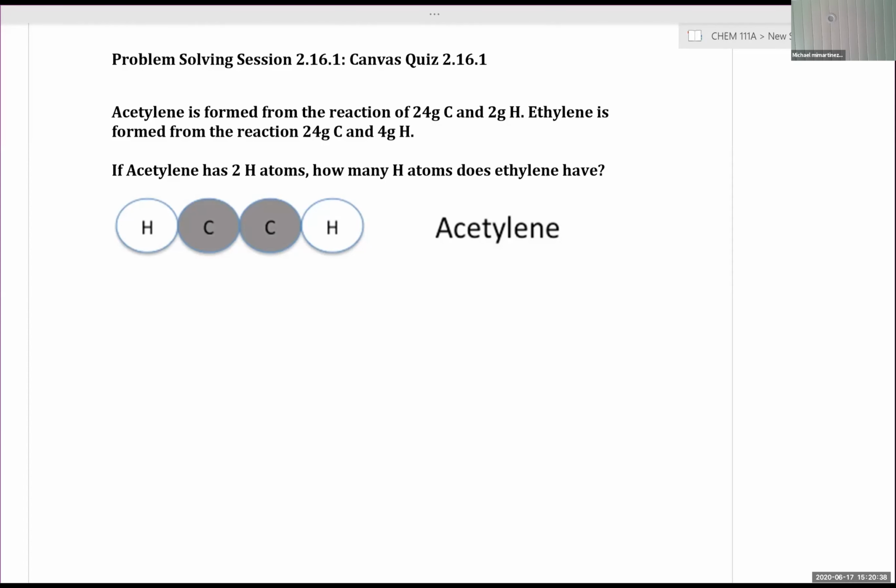I would check that you have your atom and mass ratio set up in the correct order.